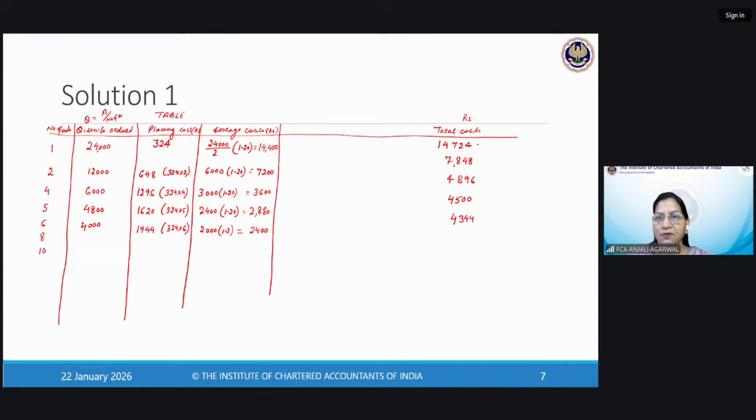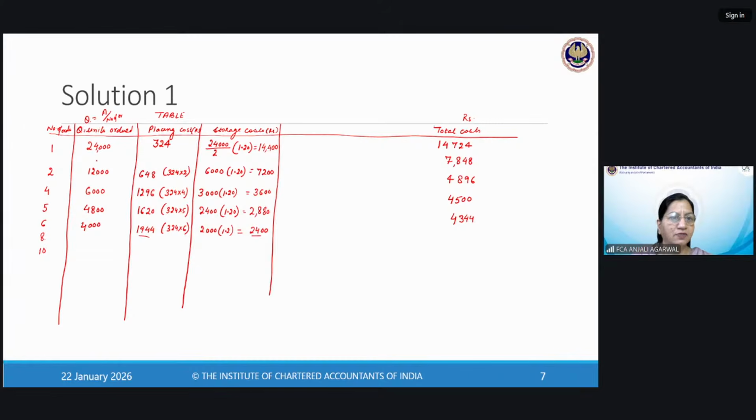You can see the total cost is continuously falling, and it will keep on falling until and unless these two figures become same. So this is rising, this is falling. So we can go ahead further, to 8 orders, sorry.